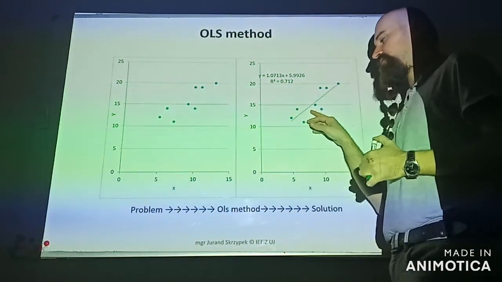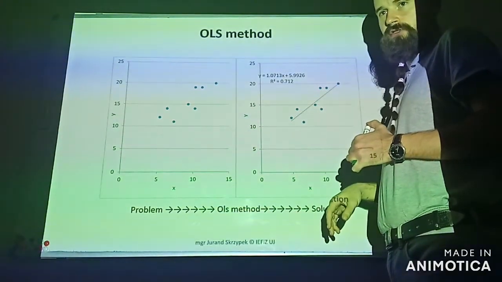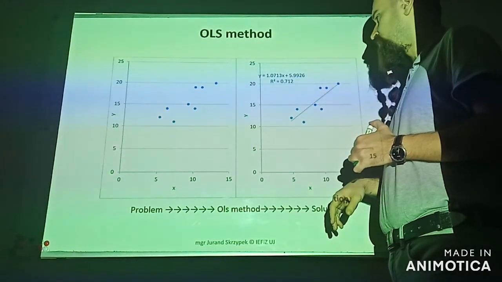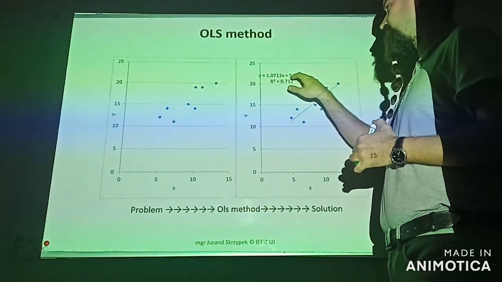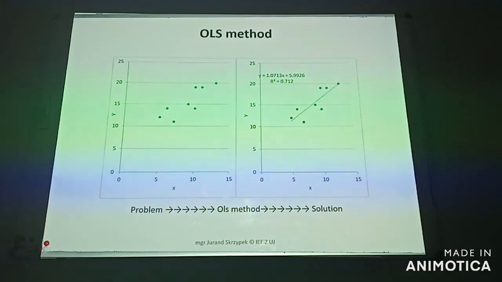And here we have the solution, a linear regression model in which alpha and beta were computed based on the ordinary least squares method.